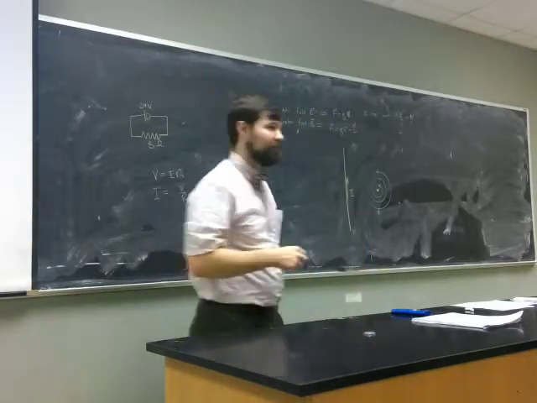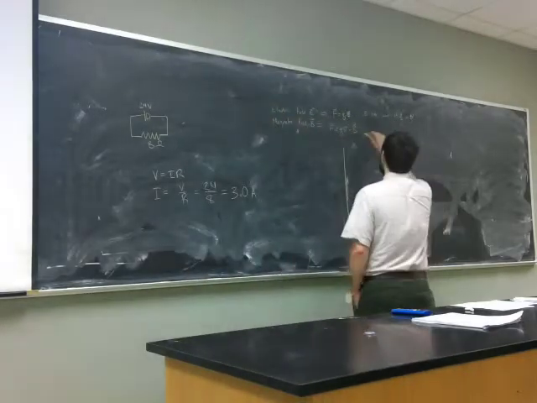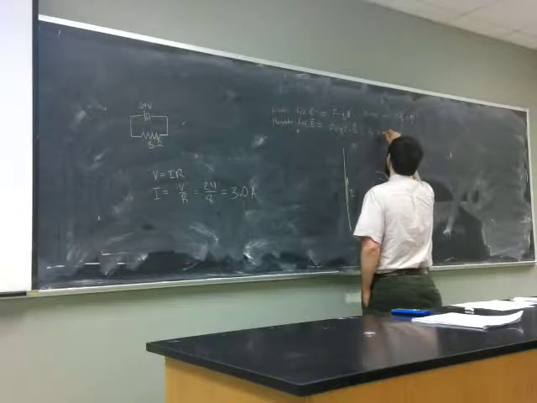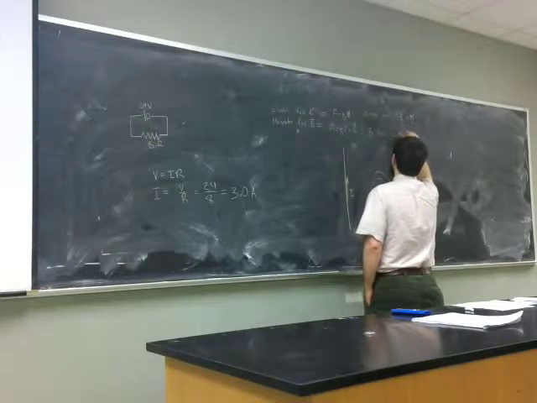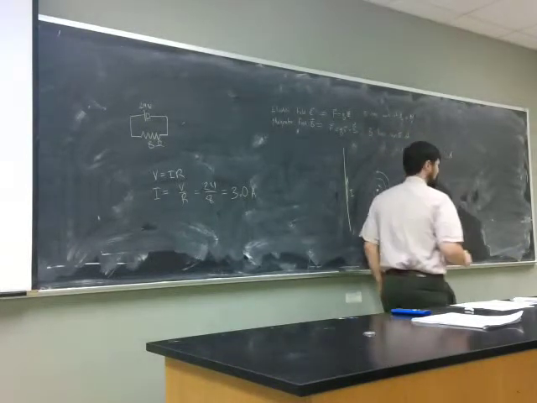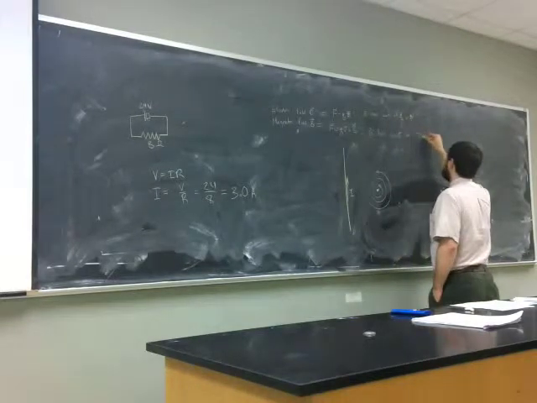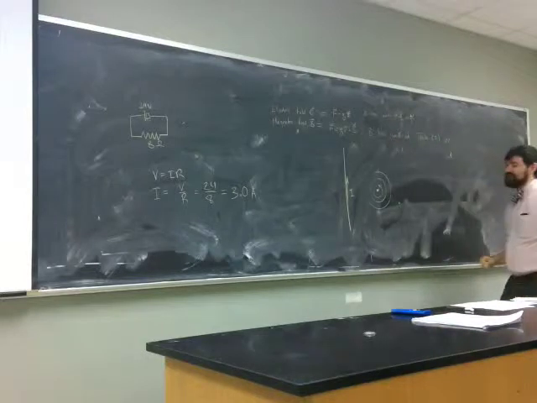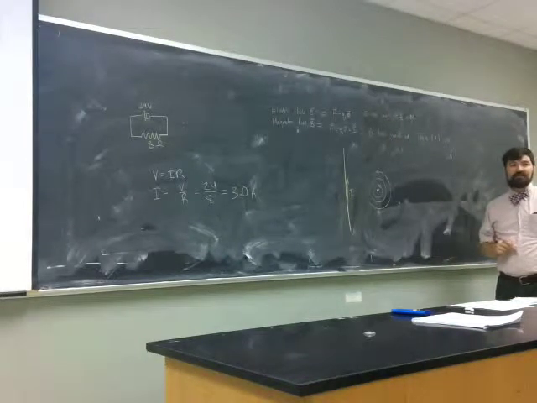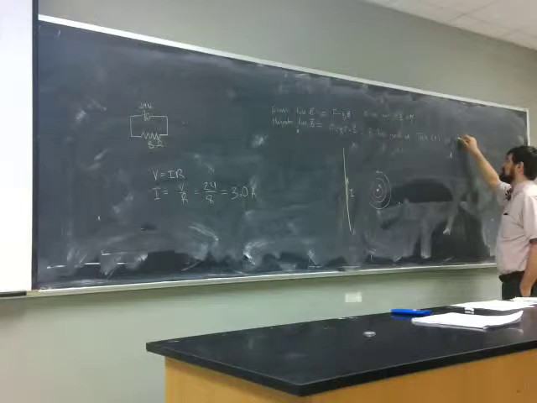For a magnetic field, the SI unit has a name. It's called Tesla. Or if you want to use a different set of units, sometimes it's given in Gauss.